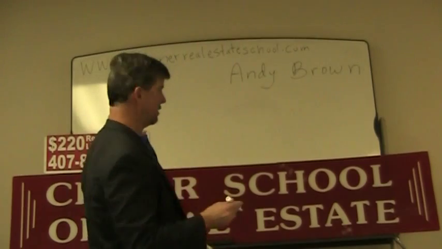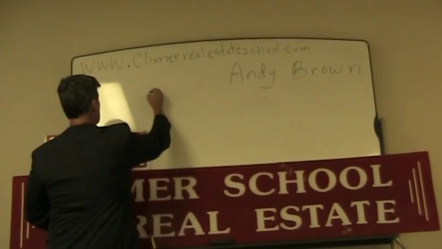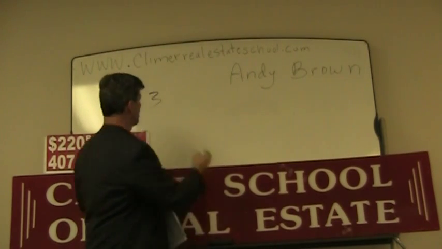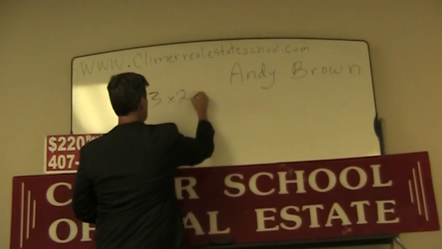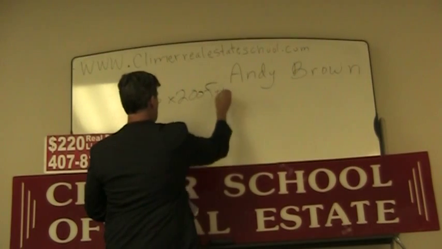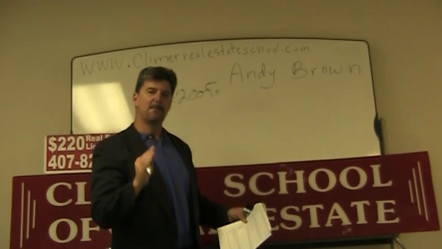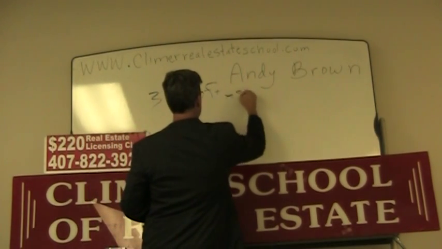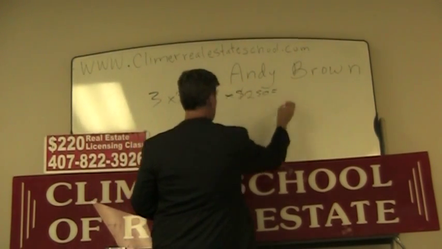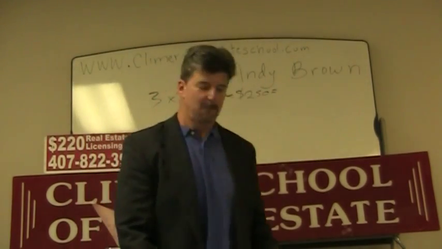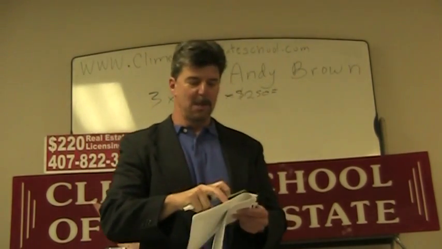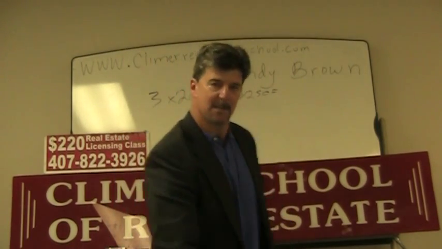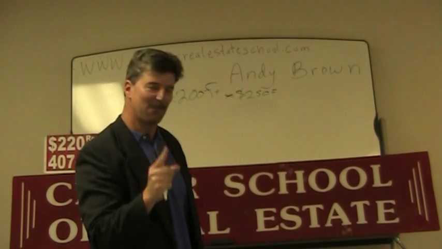So he had 3 lots, 200 feet each, $250 per front foot. If you take your 4-function simple calculator, 3 times 250 times 200, you get $150,000. He paid $150,000.